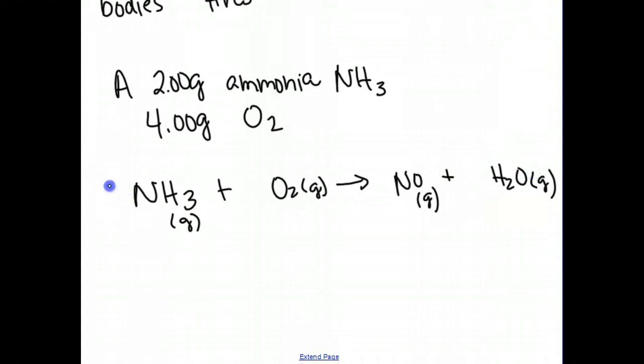In order to balance this, we're going to need 4 NH3s, 5 O2s, 4 NOs, and 6 H2Os. Next, we can use stoichiometry to calculate how much product is produced by each reactant. It does not matter which product is chosen, but the same product must be used for both reactants so that the amounts can be compared.